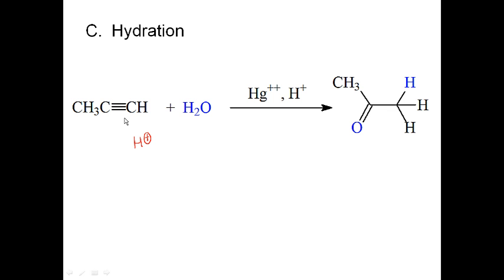If we were to write the mechanism of this reaction, here's what I would write. I would take my triple bond and add it to the H+, Markovnikov. That's going to give me what's called a vinyl cation, again because the plus charge is on a carbon of the double bond. That's what vinyl means. Then my water, my neutral nucleophile, comes in and adds to this carbon.